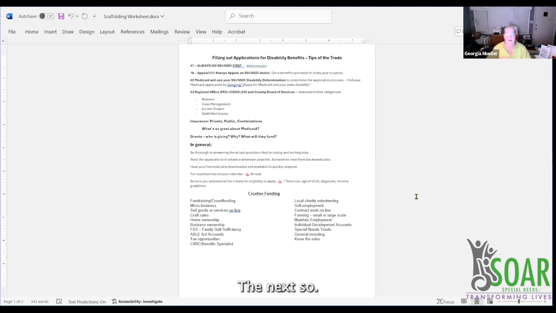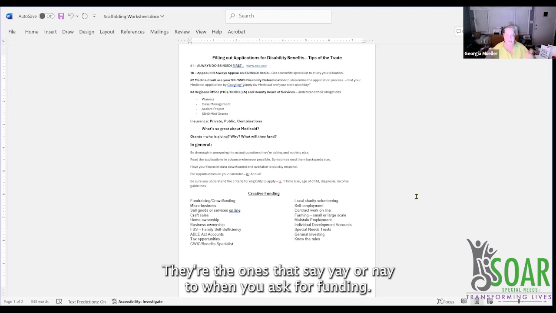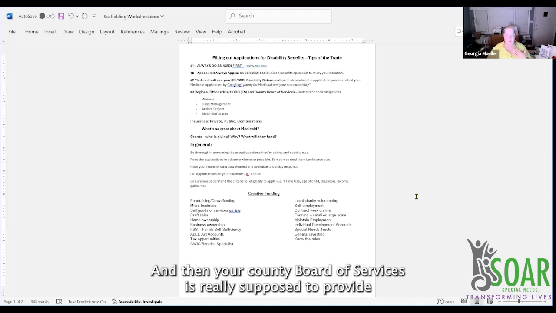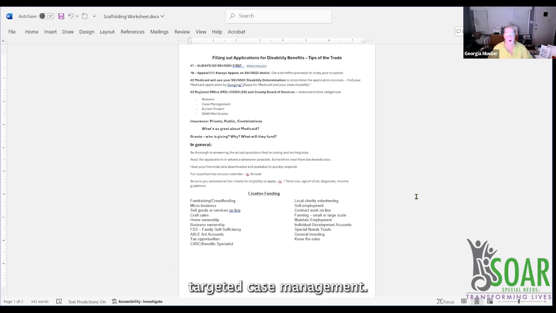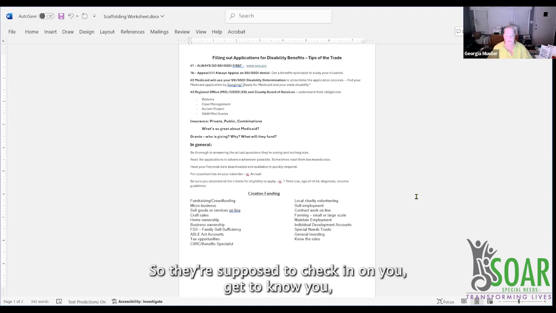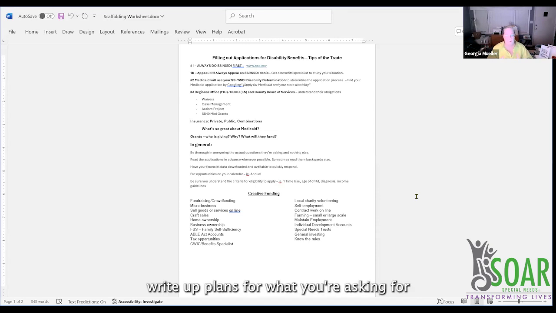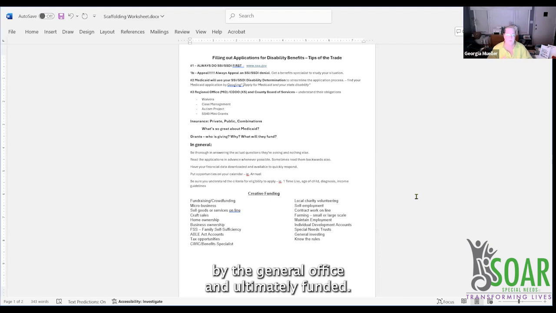The next, though, so regional offices are where the money decisions are made. They're the ones that say yay or nay when you ask for funding. And then your county board of services is really supposed to provide targeted case management. So they're supposed to check on you, get to know you, write up plans for what you're asking for, and write them in such a way that they will likely be accepted by the regional office and ultimately funded.